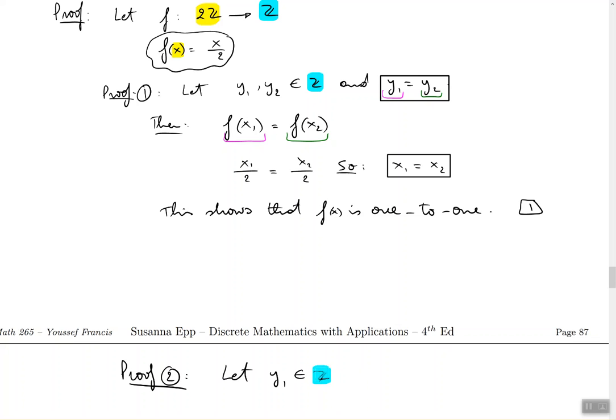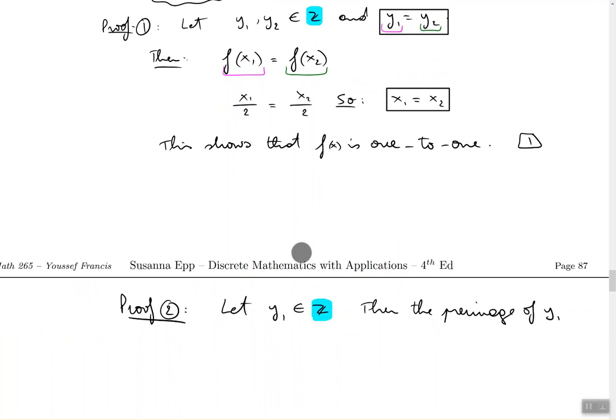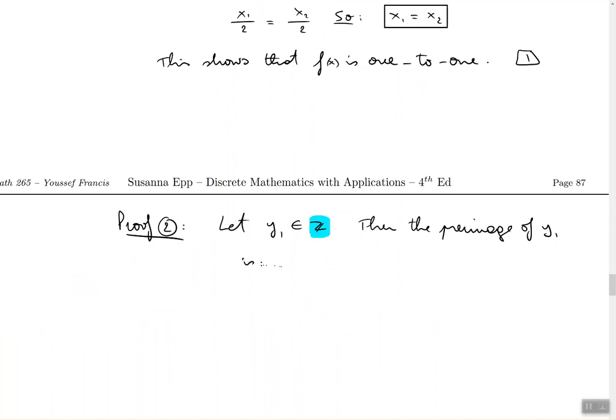And I want to be able to convince you what its pre-image is. So I want to figure out what number maps to this y1. Then the pre-image of y1 is y1 times 2. Okay, how do I know this?